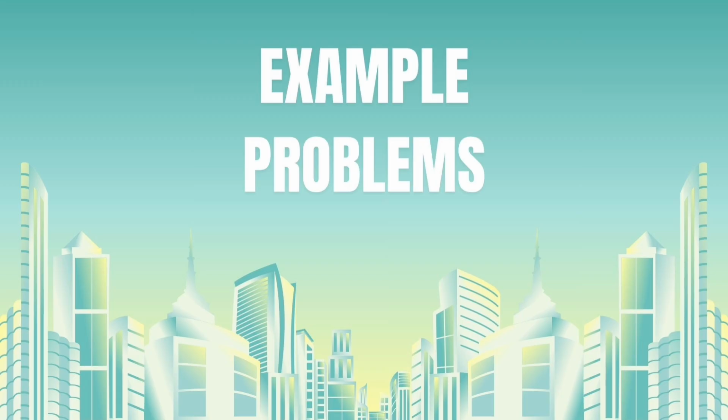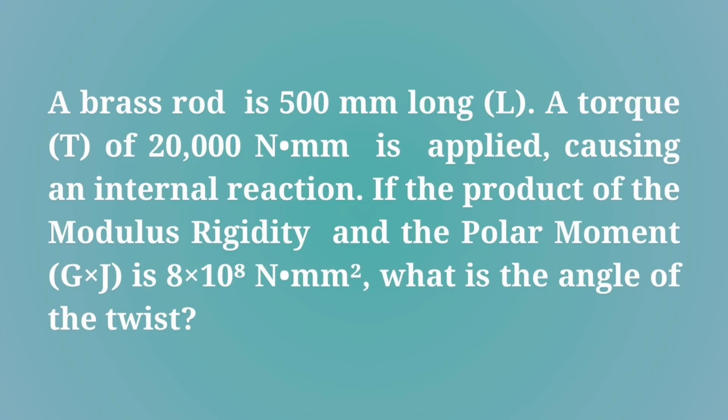Now let's move to the example problems. For our example problem, a brass rod is 500 mm long. A torque of 20,000 Newton millimeter is applied, causing an internal reaction. If the product of the modulus of rigidity and the polar moment, G times J, is 8 times 10 raised to 8 Newton millimeter squared, what is the angle of twist?